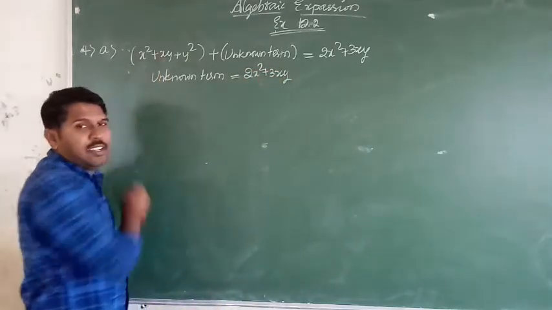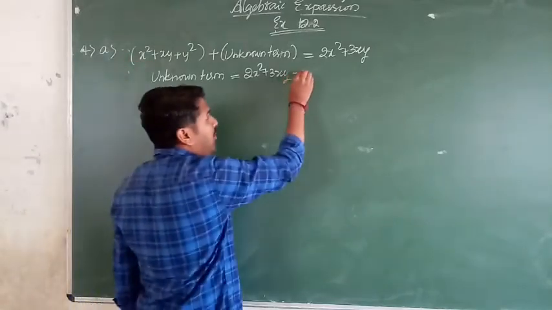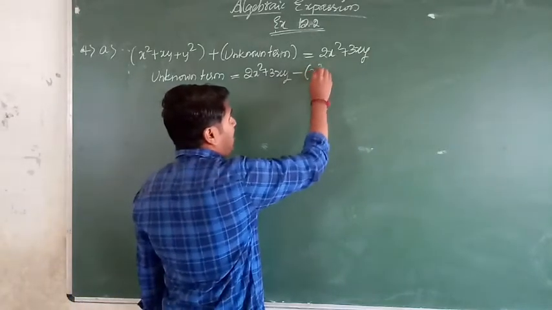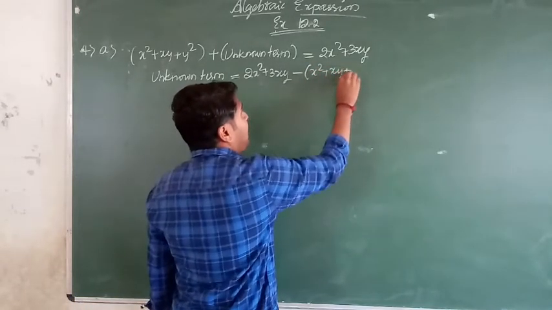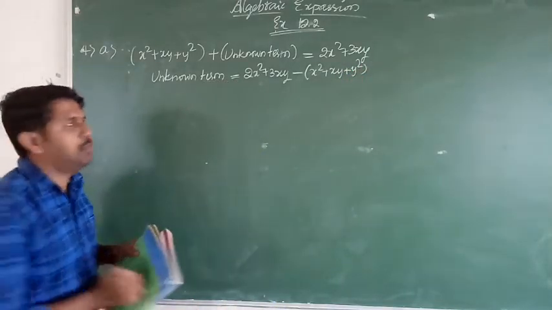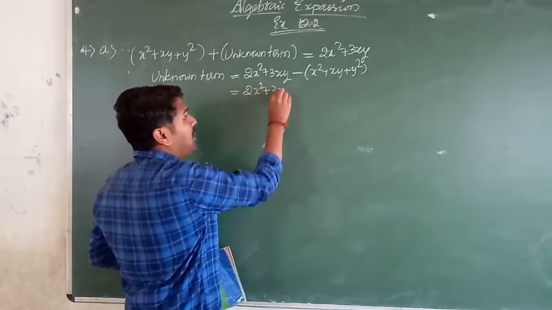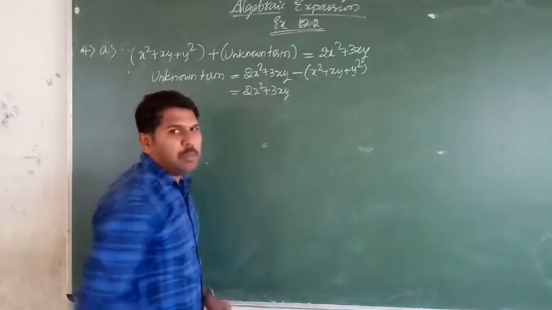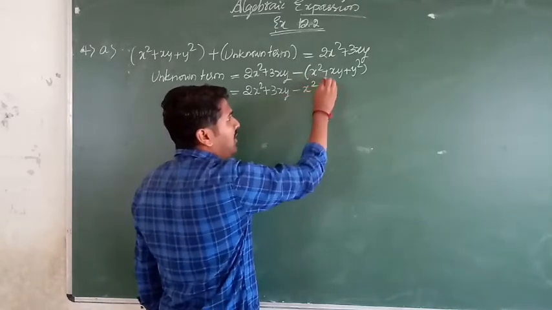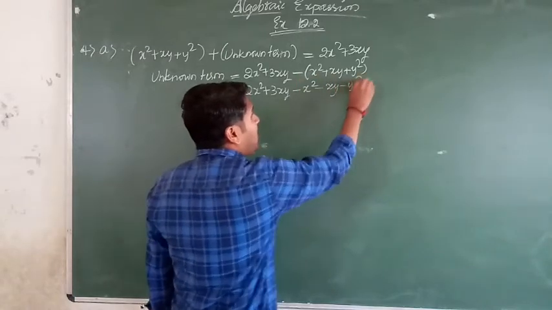Here a plus sign is there, so the sign will be changed for the whole term x square plus xy plus y square. That means you have to subtract the terms. Write down 2x square plus 3xy, then minus multiplied into the whole term: minus x square, minus xy, minus y square.